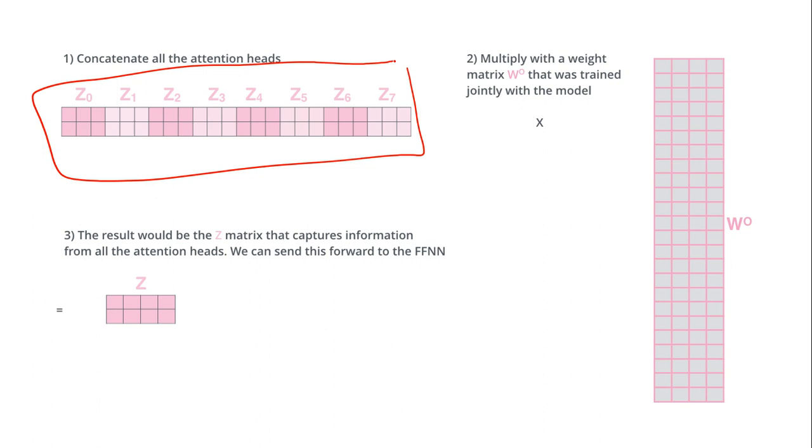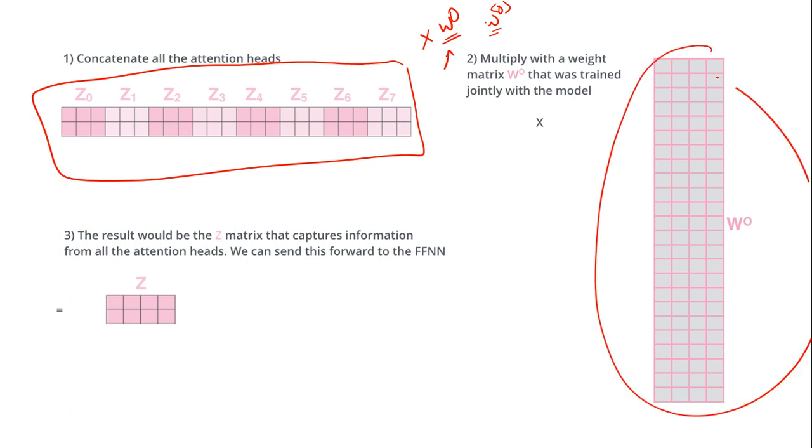We'll be concatenating all this and multiplying with a matrix WO. Understand WO as the output matrix. We'll be multiplying with these weights in order to get the output of max sequence length by embedding size. This is the input size which we are giving for our model.